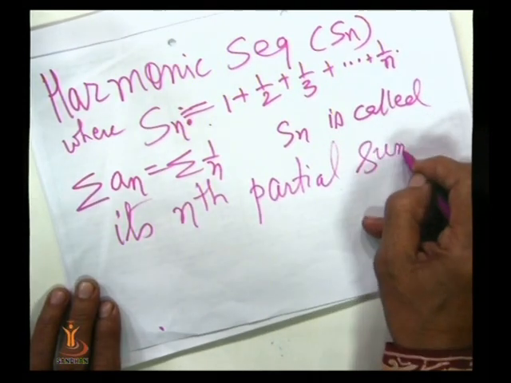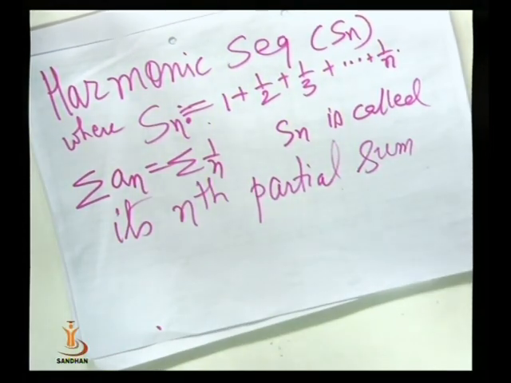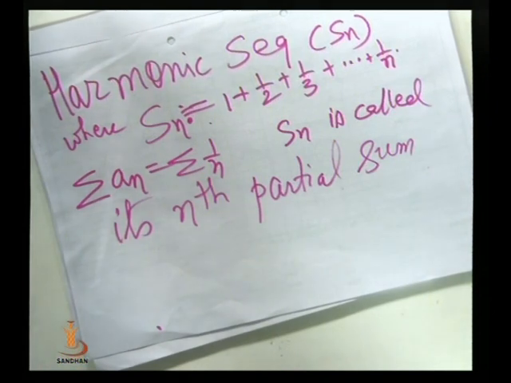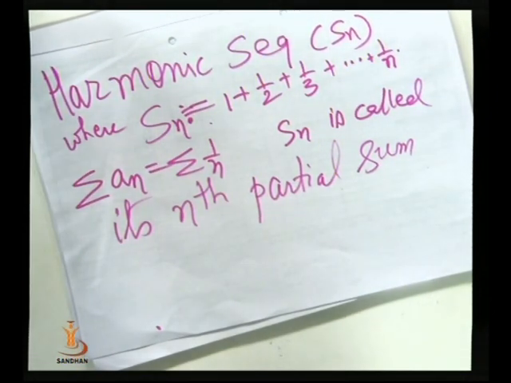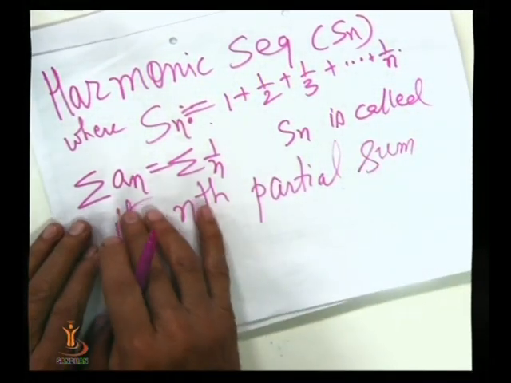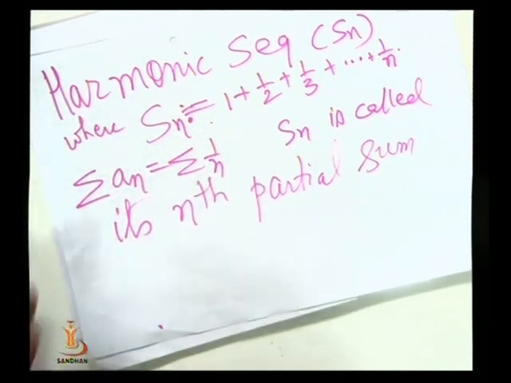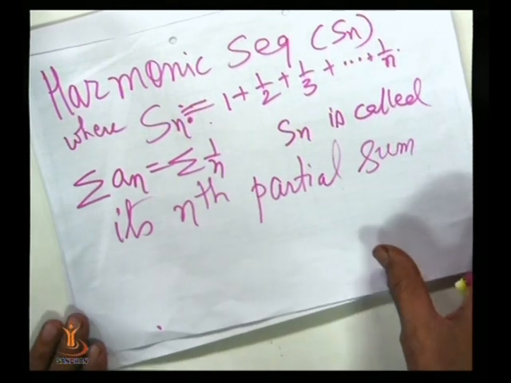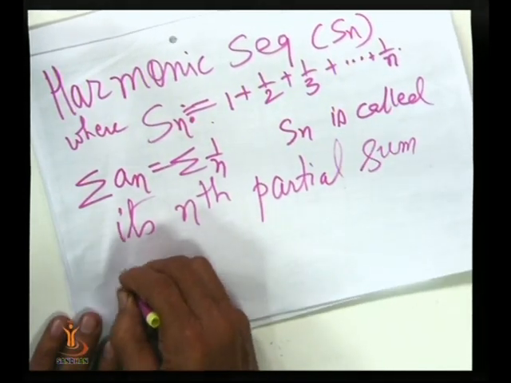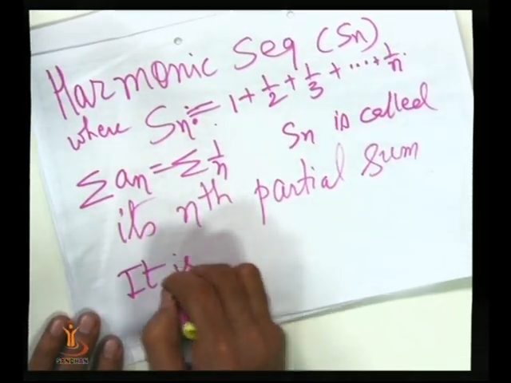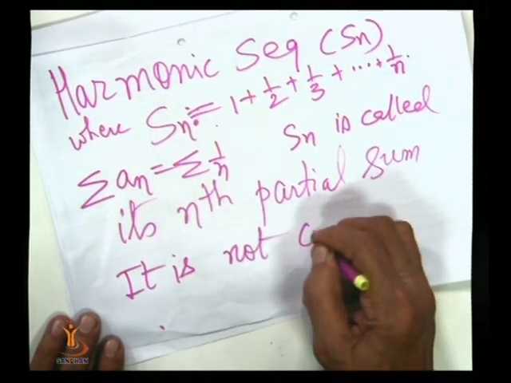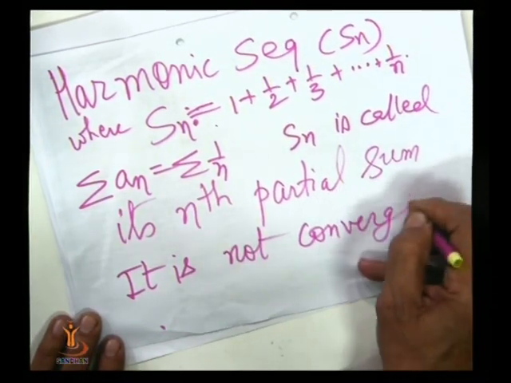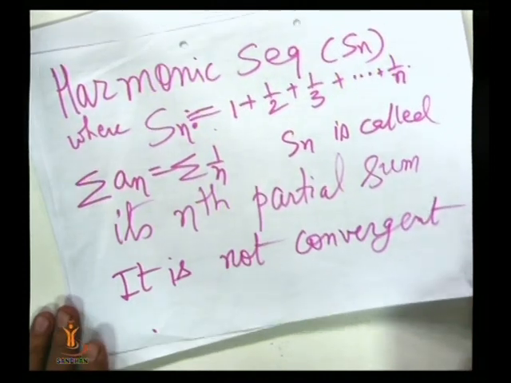So we'll show that this harmonic sequence Sn, or this series sigma 1 upon n, is not convergent. In fact, we will show that as n tends to infinity, it tends to plus infinity.